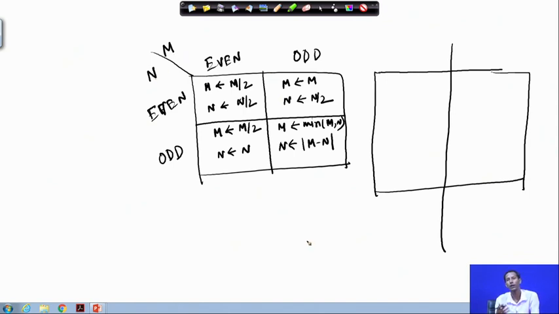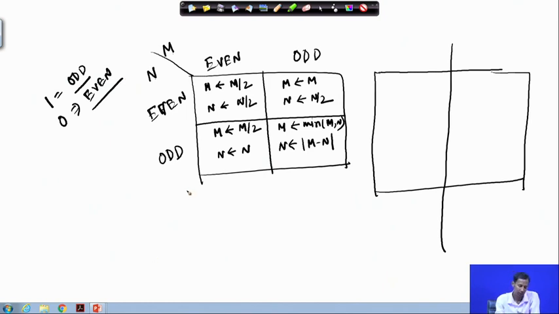How can I know? If you see the LSB of m or n, if the LSB of any variable is 1, then the number will obviously be odd. If the LSB is 0, obviously the number will be even in the binary number system.